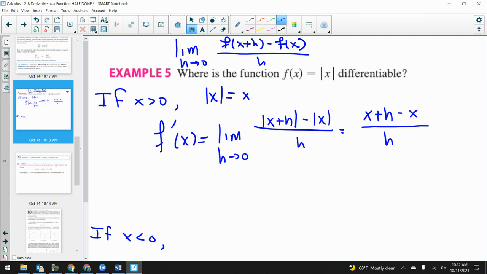Well, what happens to my x's now? So long, farewell. It's h over h, which is just 1, right? So f prime of x is equal to the limit as h goes to 0 of 1, and the limit of a constant is the constant, 1.